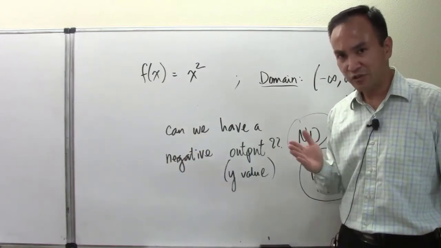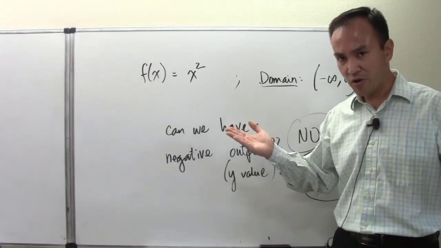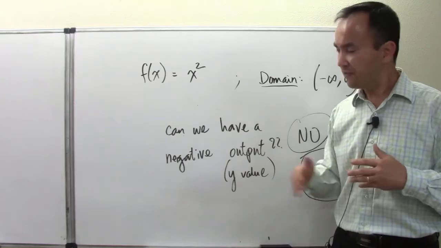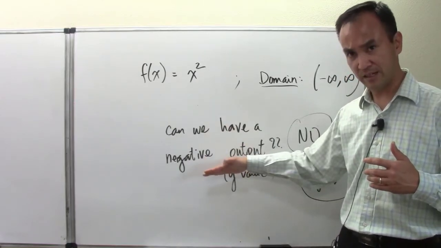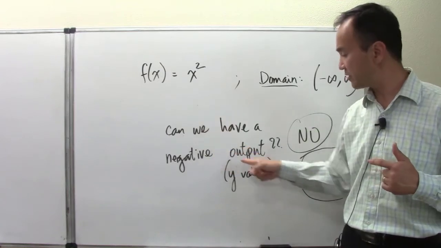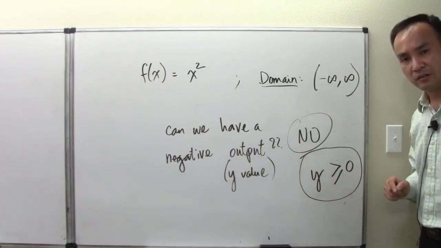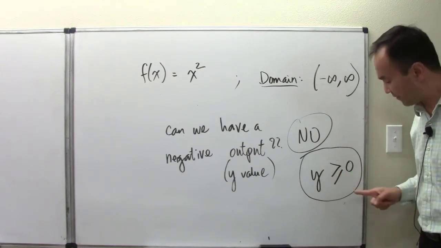So some functions can generate all kinds of output values from negative infinity to infinity within the domain. But some other function, like this case right here, only produces output values anywhere from 0 and up. Okay, anywhere from 0 and up.